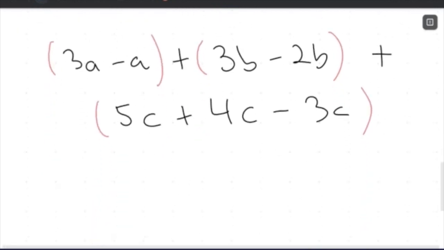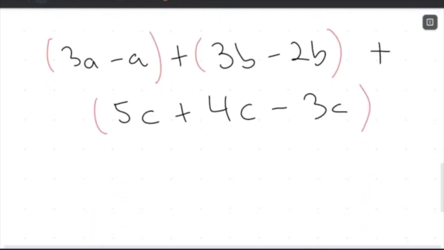And I can deal with these all one by one. 3a minus a, 3 minus 1. We have this imaginary 1 here. Not imaginary, it's always going to be there because any number multiplied by 1 gives us that number. So we are left with 2a here. 3b minus 2b gives us positive b.